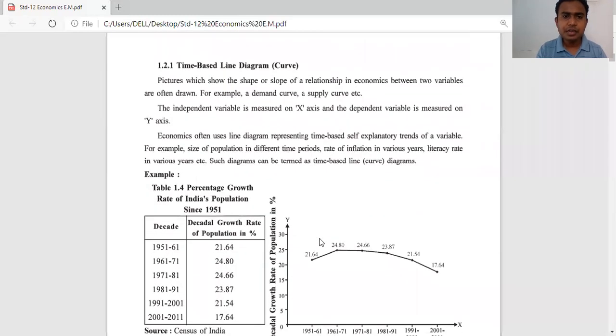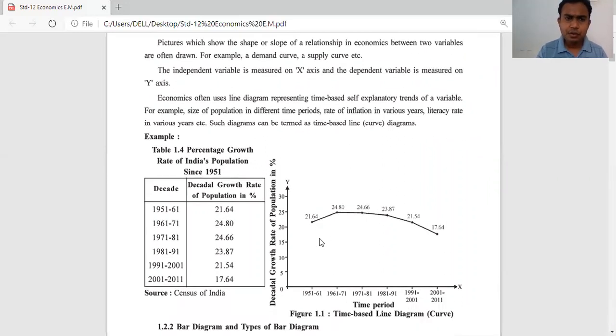Now we have to see what is time-based line diagram. You can see one picture over here. Time-based line diagram is drawn like this. It's a curve, you can say, right? Now this is called as x-axis, this is called as y-axis. Okay, as I was telling you, you have to write what information x-axis is showing.